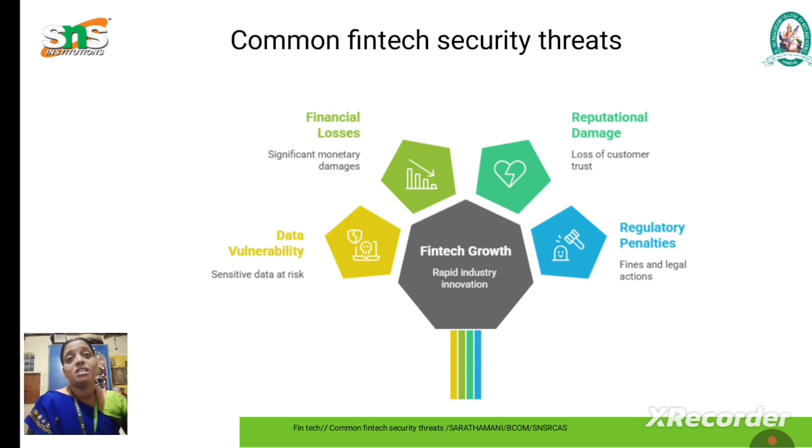The next threat is insider threats. It involves employees, contractors, or other individuals with authorized access to fintech systems who intentionally or unintentionally compromise security. These threats can be difficult to detect and prevent. Insider threats can result in data breaches, financial fraud, and reputational damage. In that, background checks are conducted on all the employees and contractors.